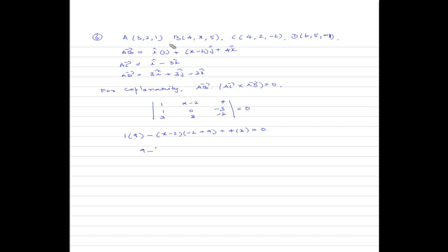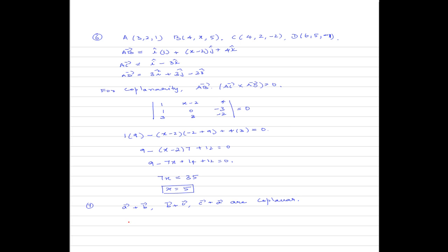So we have 9 minus x minus 2 into 7 plus 12 is equal to 0. So we have 9 minus 7x plus 14 plus 12 is equal to 0. We have 7x is equal to 35 or x is equal to 5. It's a very simple problem.